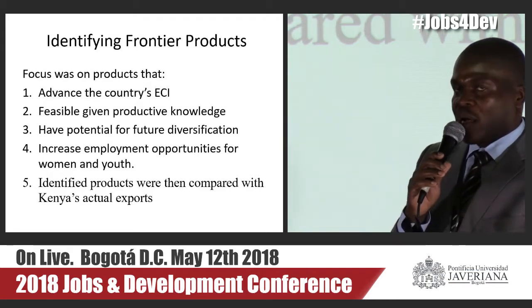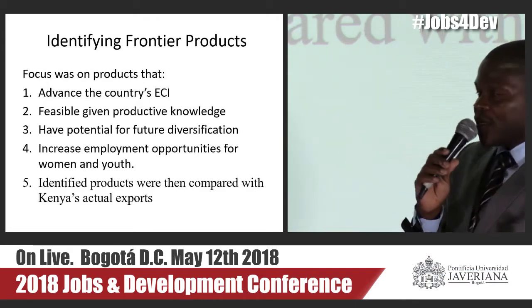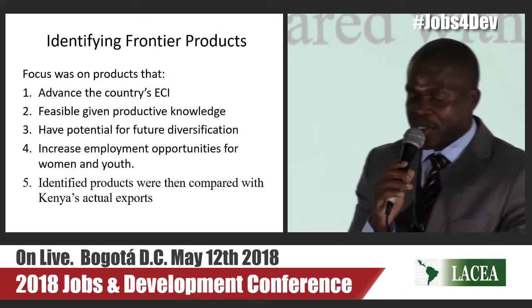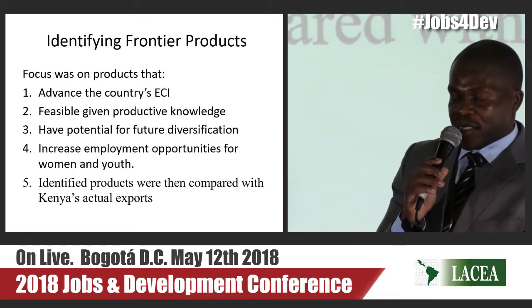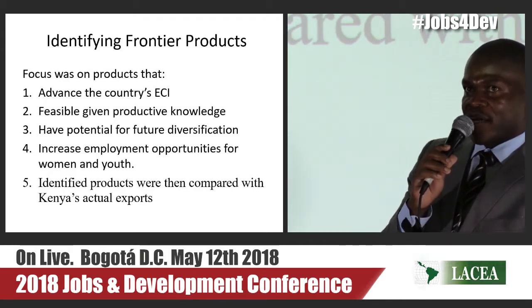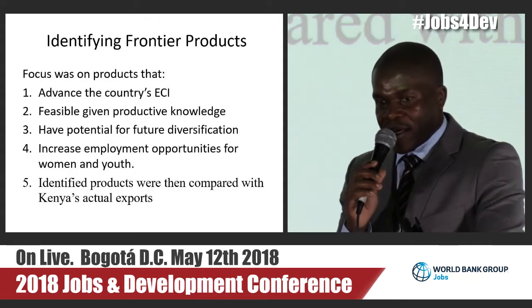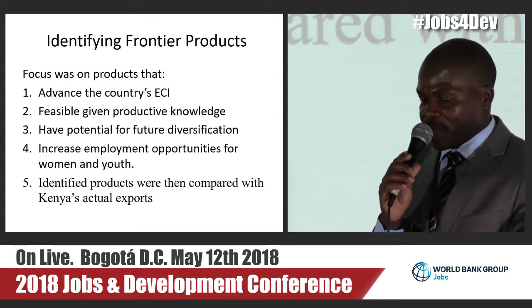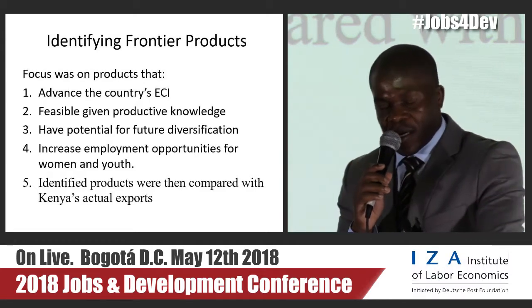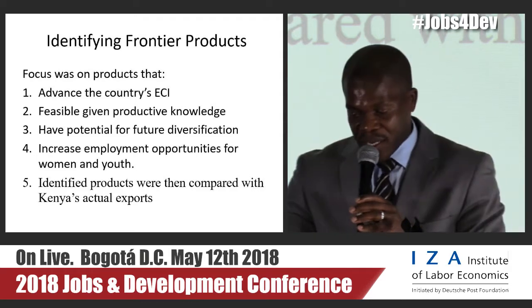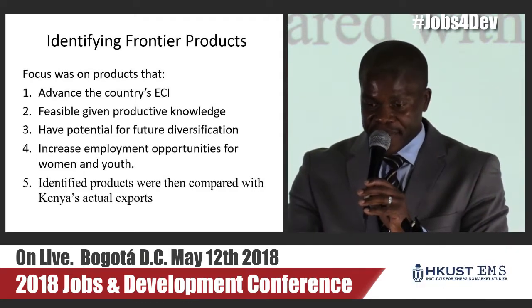For example, from the data and the calculations, it was found that Kenya had aeronautic spare parts as a frontier product. But given the current capabilities, it is not possible for Kenya to produce aeronautic spare parts.